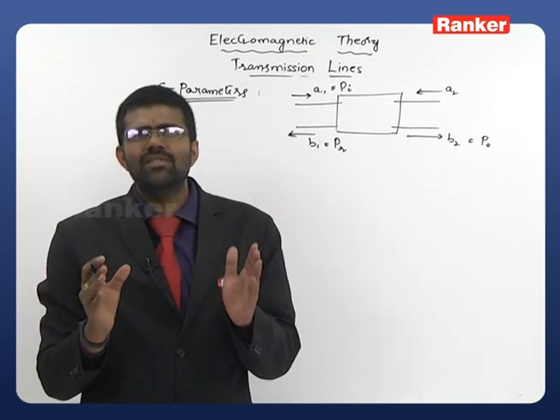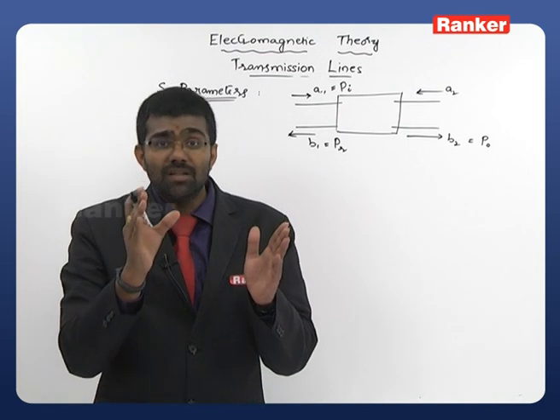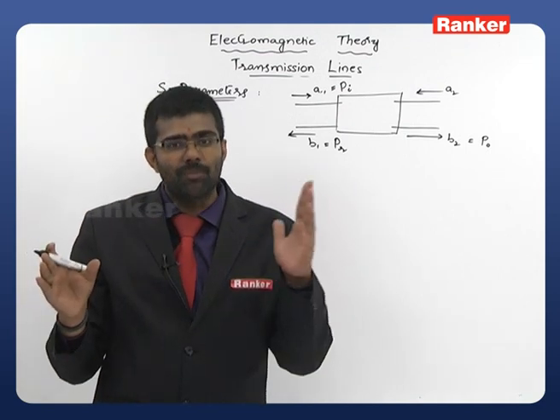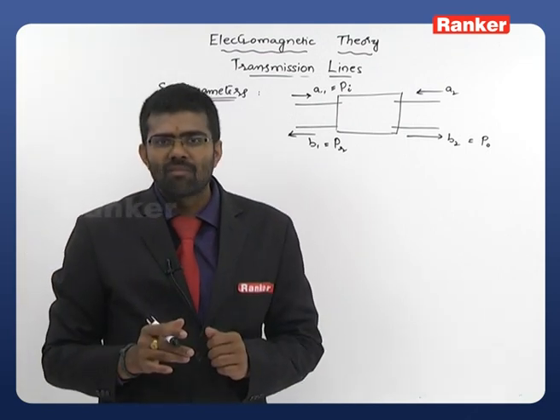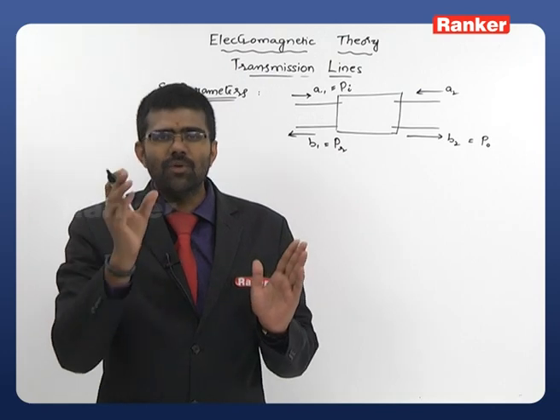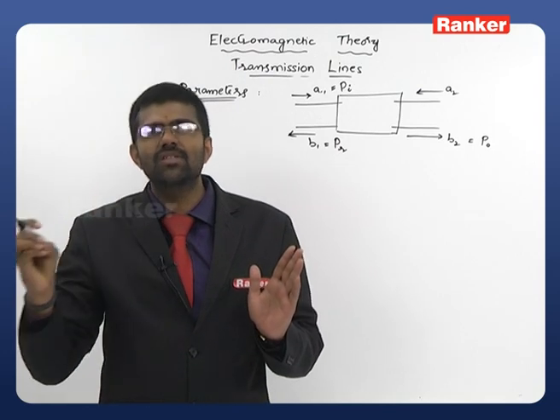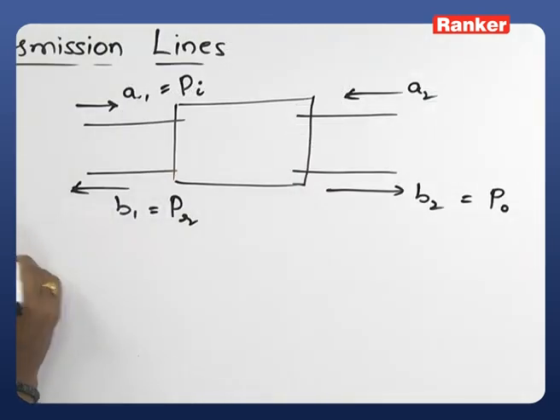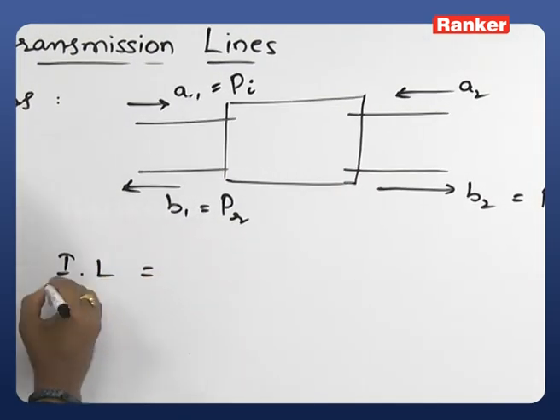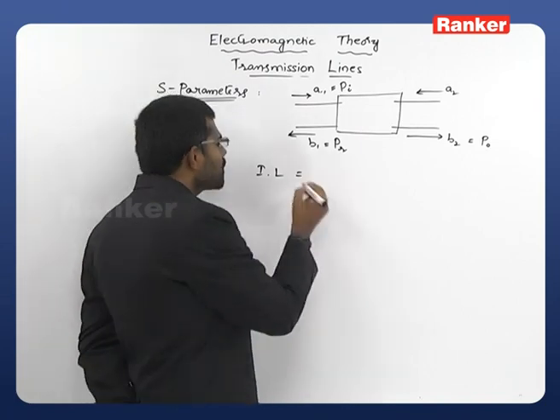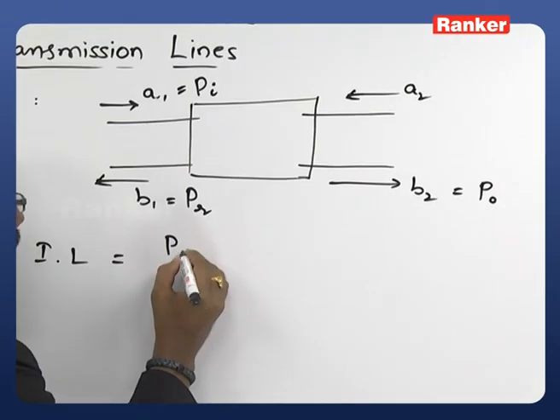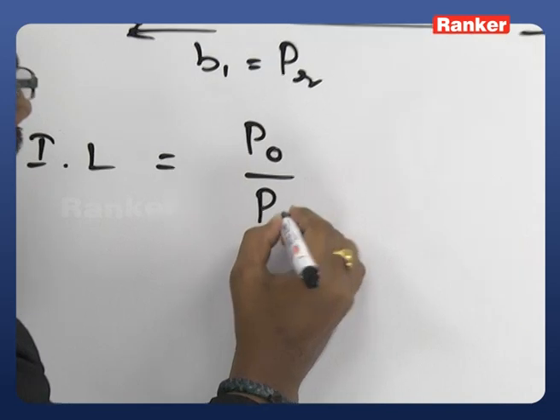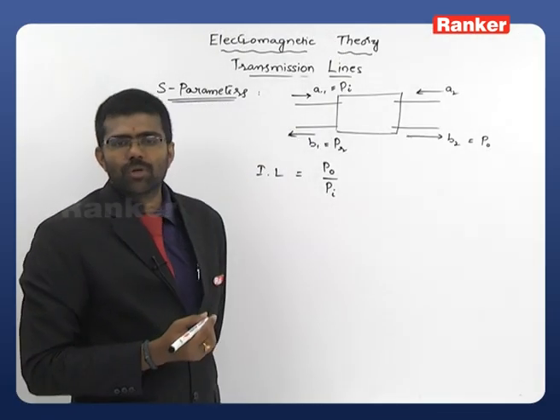Insertion loss is simply how much power is inserted to port 2 when the power is applied at port 1. In short I am writing this as IL. Insertion loss is equal to P output divided by P input.